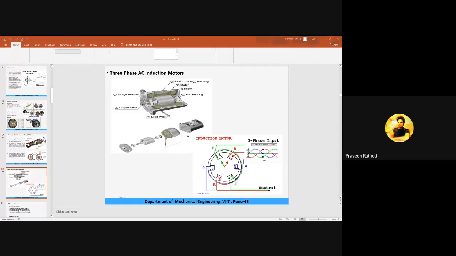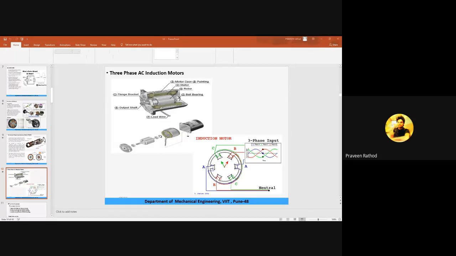Everybody knows that there are two types of rotors used in an induction motor. One is a slip ring type of rotor, and another is a squirrel cage type of rotor. We know why we call it a squirrel cage type of motor, and why we call it a slip ring rotor.